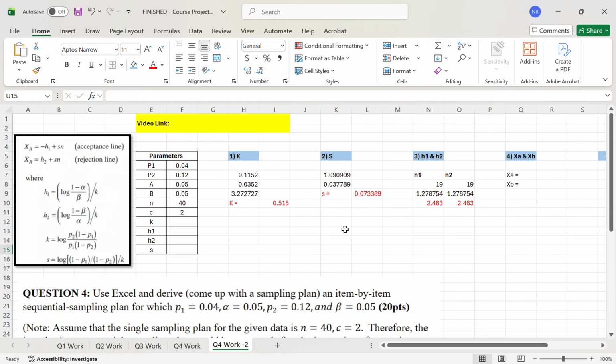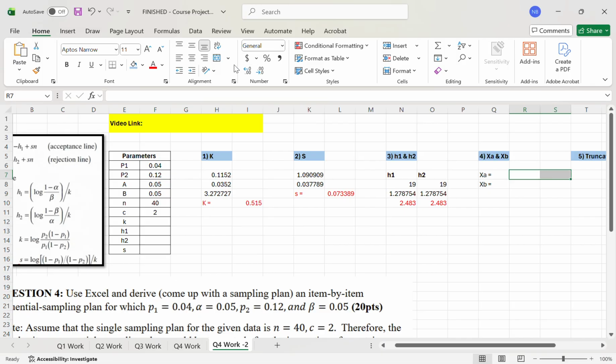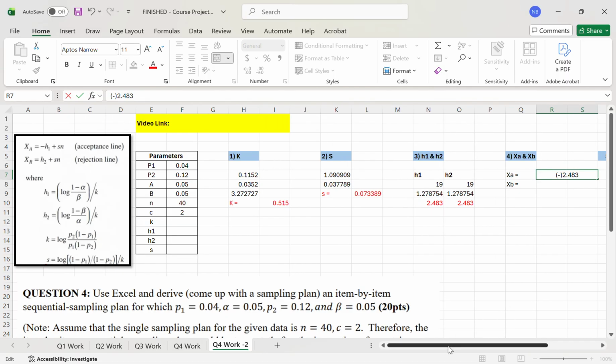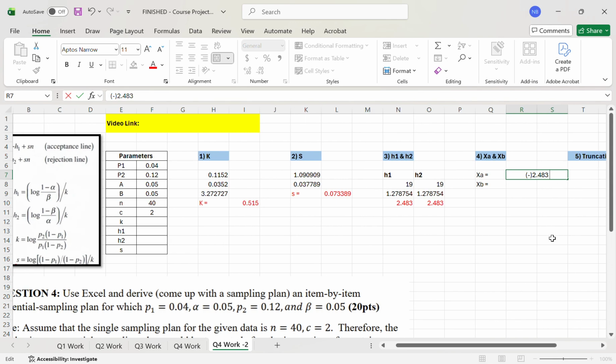Okay, so following here, we have negative H1, which is 2.483, plus our S value, which, let's clean this up a little bit, .0734 times N, right?